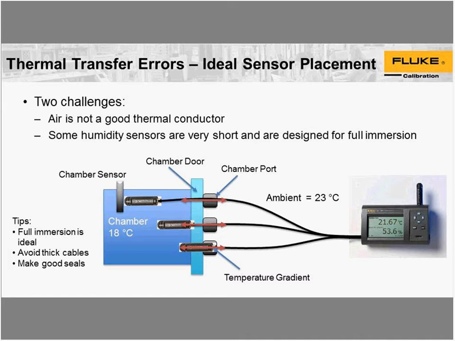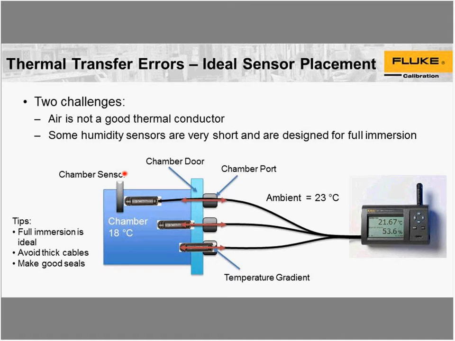Whisking these into a liquid would help, but we're working with air. We have to watch out for thermal gradients caused by things like the cabling or the body of the sensor itself. Ideally, if we have a short sensor like this one, we go all the way inside the chamber and then have a cable coming out.